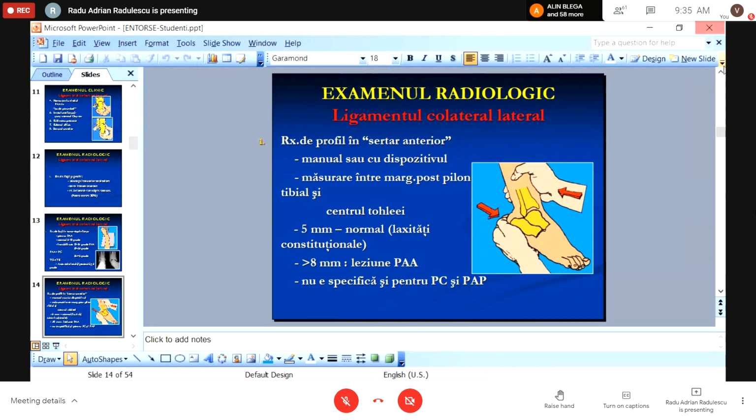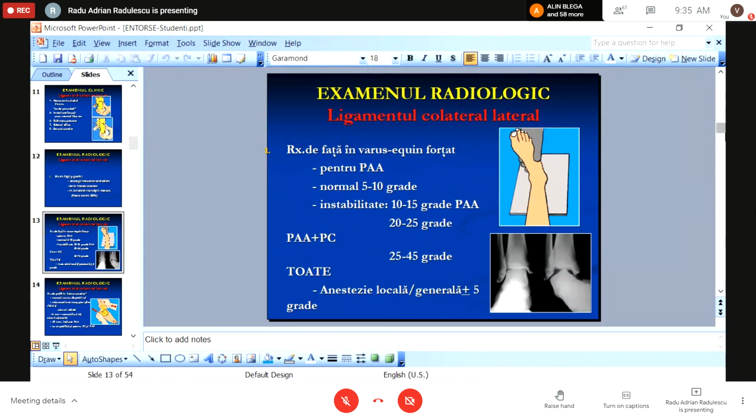So what we have done before showed us the stability of the ankle in the frontal plane.